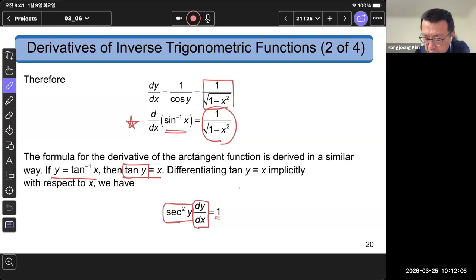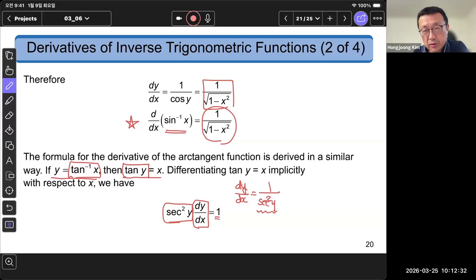So dy/dx is 1 over secant y squared. And as I said, y is given as a function of x. So I expect certain expression in terms of x, not y. So I'm not happy with this secant y squared.